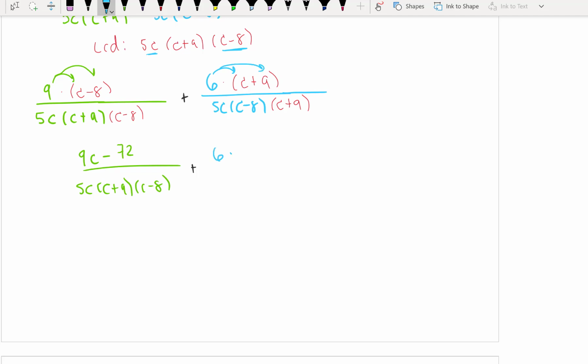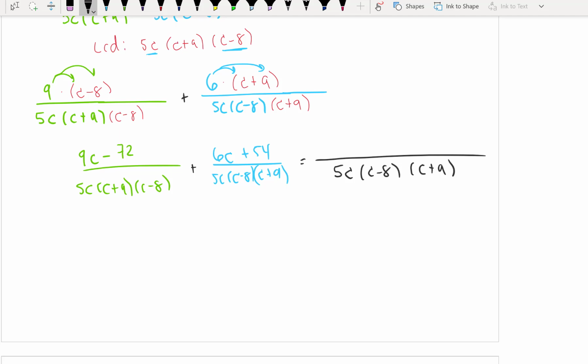So I have a 6c plus, and 6 times 9 is 54. And I have that 5c, c minus 8, c plus 9. And the really cool thing about this is that the denominators are the same, so I can just leave that as 5c, c minus 8, and my c plus 9.